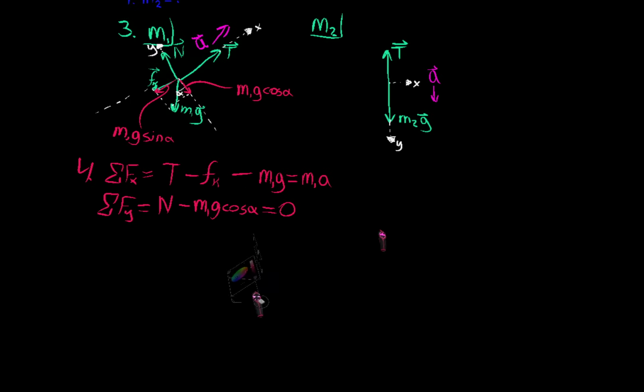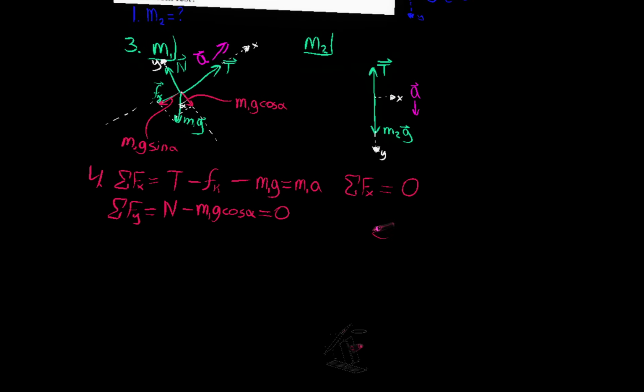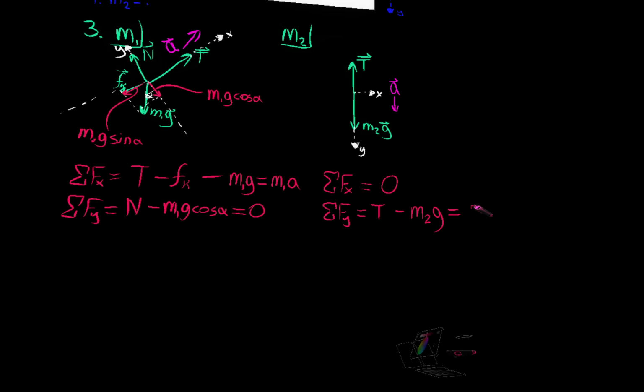All right, coming over here, the sum of the forces in the x is equal to nothing. The sum of the forces in the y is equal to T minus m2g. And it is accelerating in the positive y direction, so m2a.